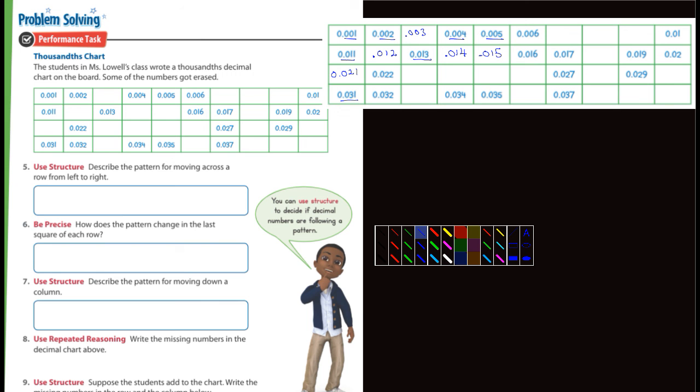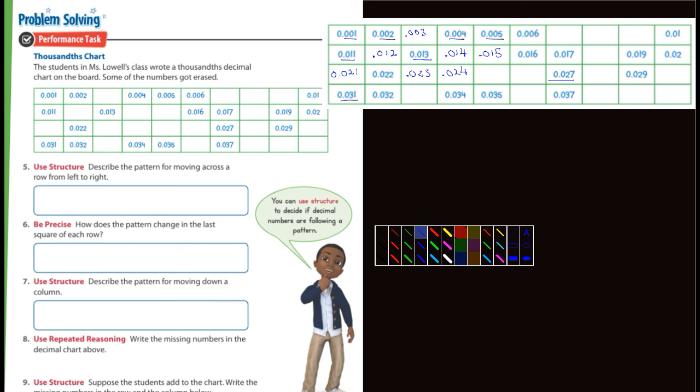So 0.021, 0.022, 0.023. I had to think about that for a moment. 0.024, 0.025, 0.026, and sure enough, 0.027. All right, so I've done a few of those. I'd like to see you guys finish this chart here.